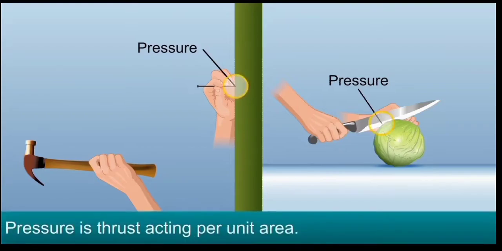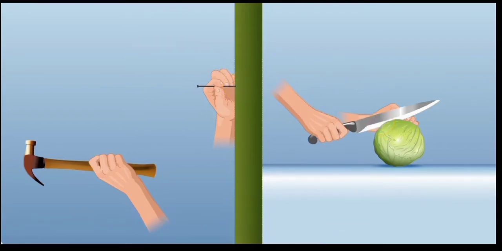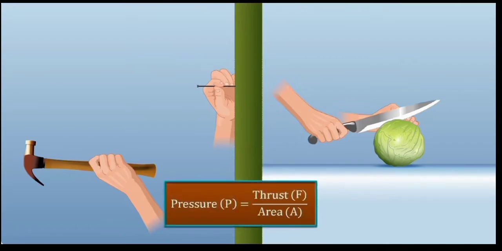In other words, pressure is the amount of thrust acting per unit area. Pressure is denoted by the letter P. Hence, pressure is calculated by dividing thrust by area.